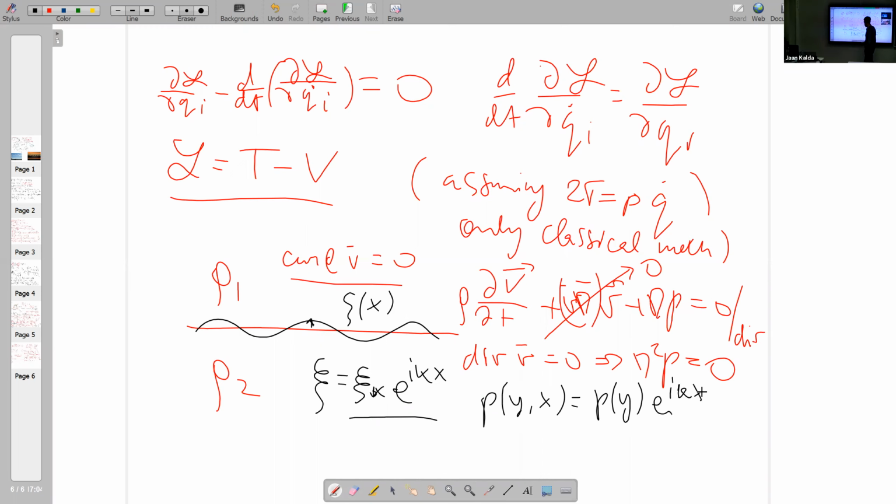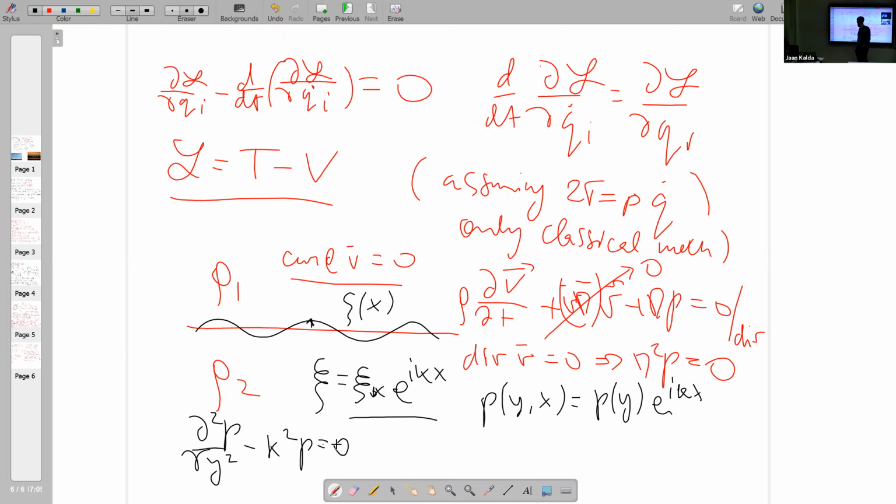Because the Laplacian is 0, we obtain d squared P over dy squared minus k squared P equals 0.